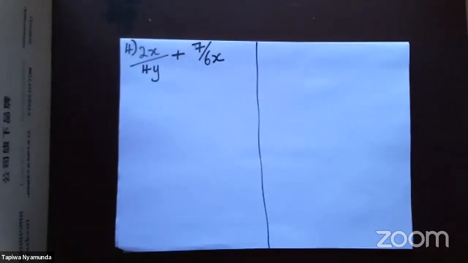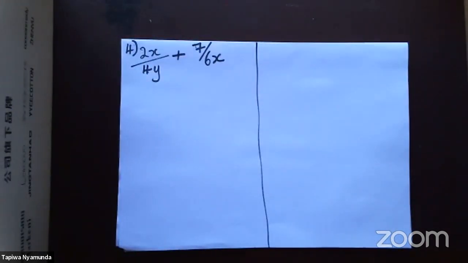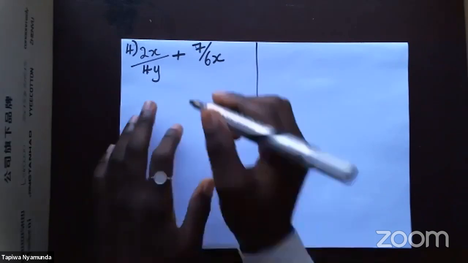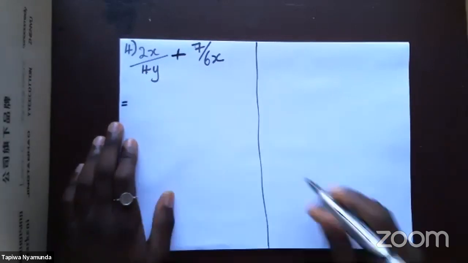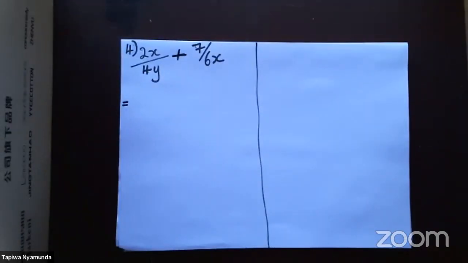Okay, we have a different situation now. This is going to be equal to. So the first thing we say, guys, is to look for a common denominator. So the question to you guys, what is the common denominator in this situation?